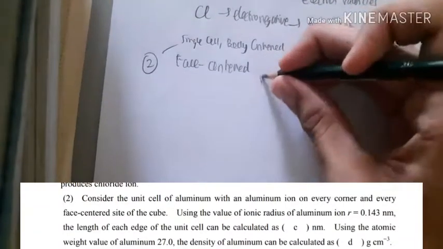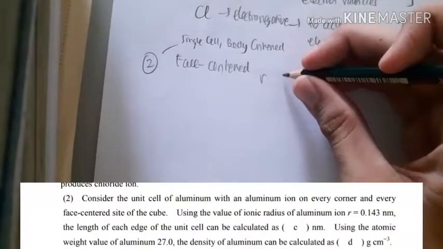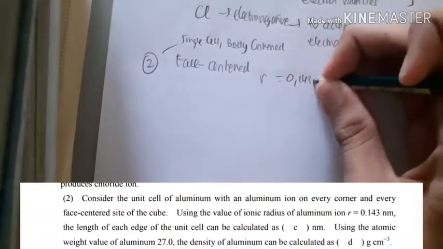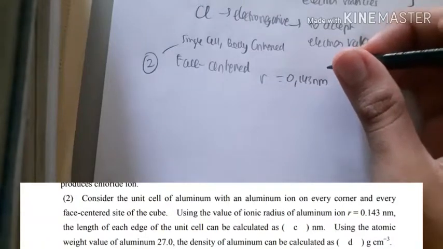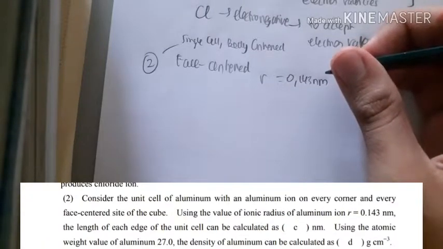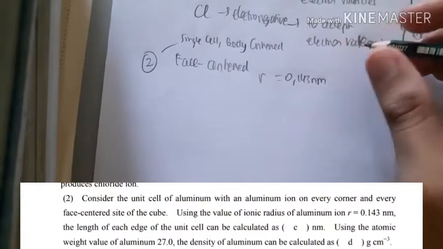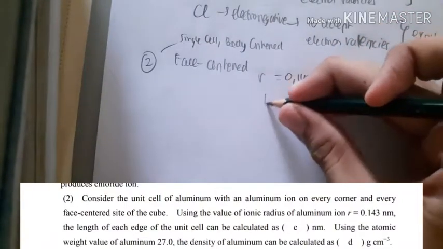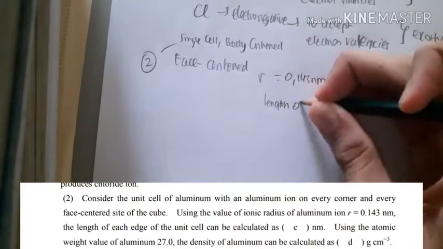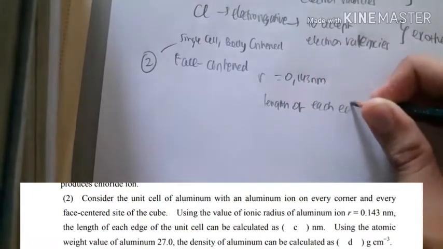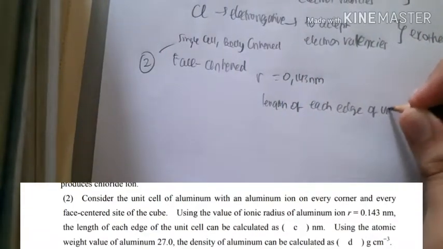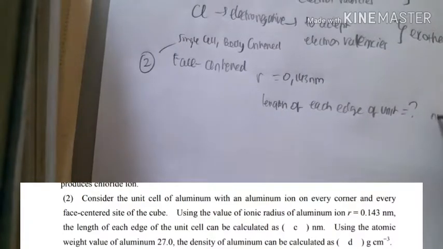They say that the ionic radius is 0.143 nanometer. Then they ask, what is the length of each edge of the unit cell, in nanometer?